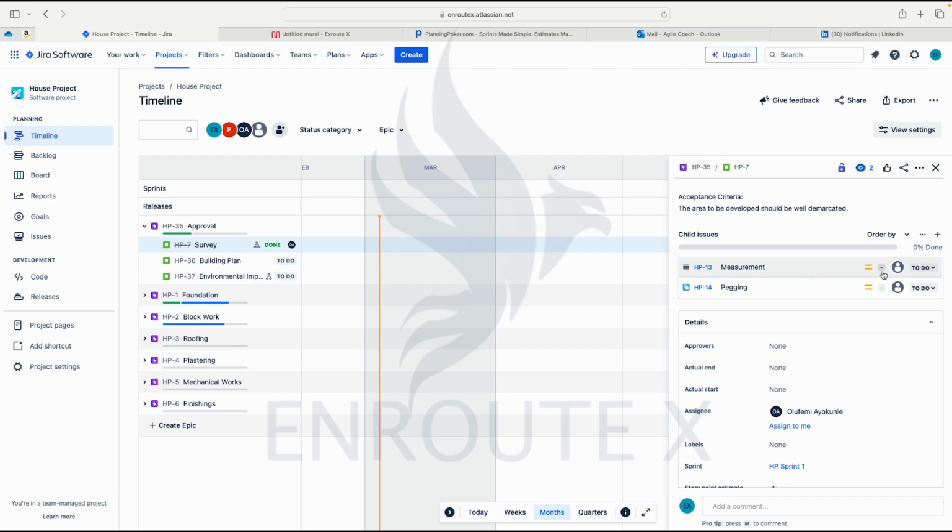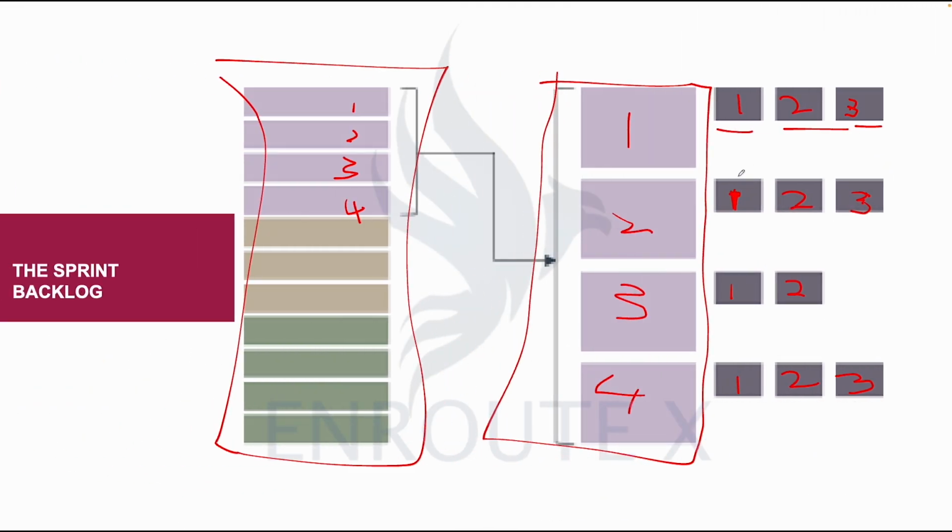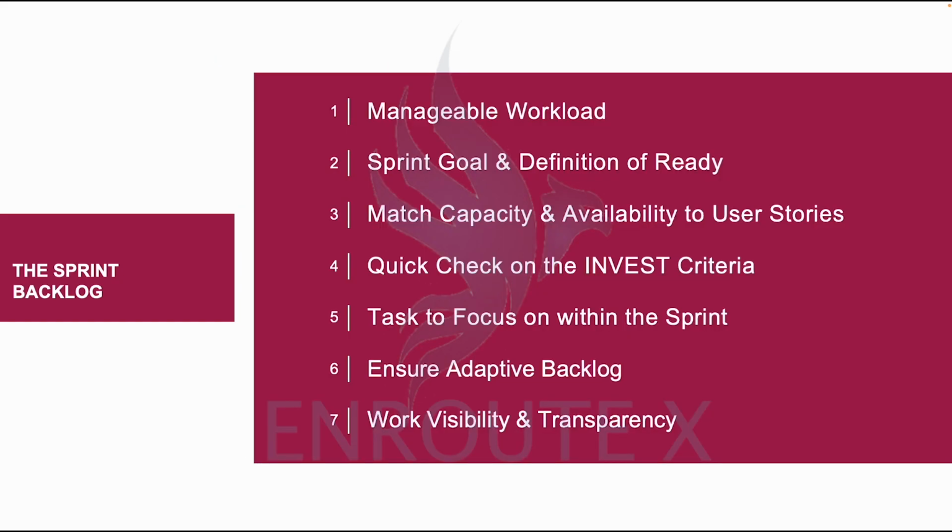I mentioned estimation in sprint planning, where we make use of planning poker, which is what we would use during the practicals. So we'll see how the story is picked from the product backlog into the sprint backlog and now decomposed further. Right? If you have any question on that, please note them down.